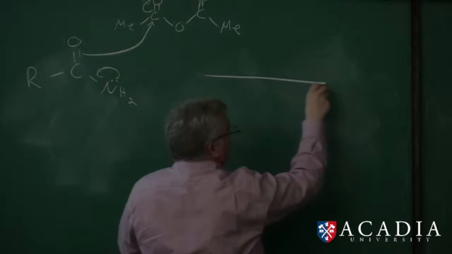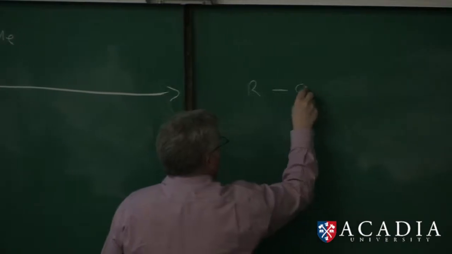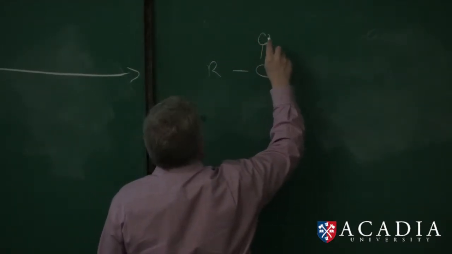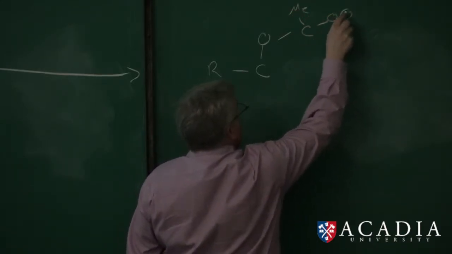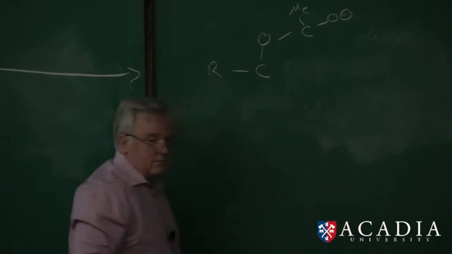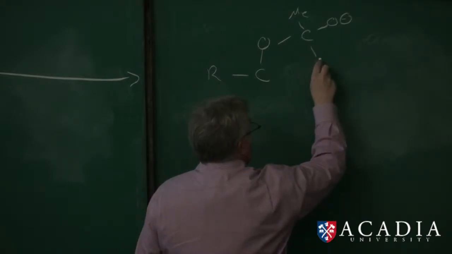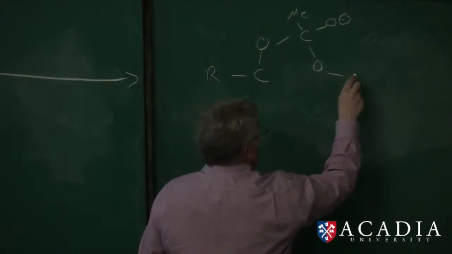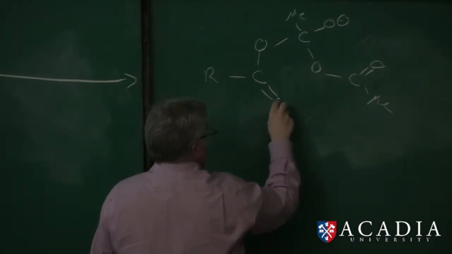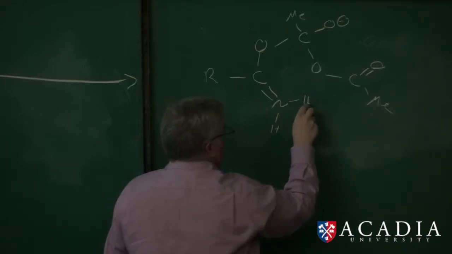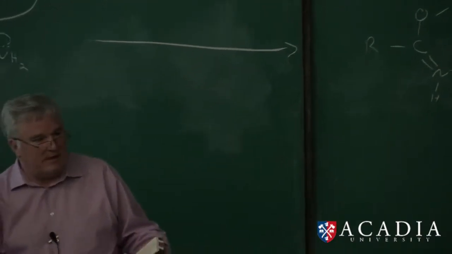The only reason I'm moving it is because of this bar. We get RCO. And I'm drawing this because I want to draw a cyclic transition state to just show you how easy this next step is, okay?